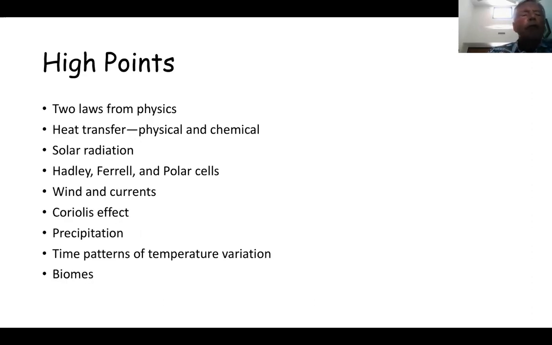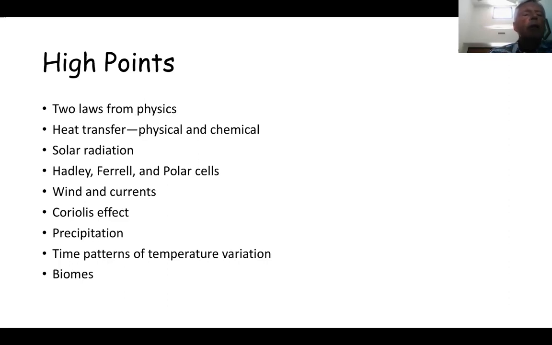So the high points of what we talked about today, I'm almost done. We talked about the two important laws of physics, the universal gas law and the relationship between temperature and the moisture holding capacity of the atmosphere. We talked about heat transfer and heat movement, the ways in which heat moves around between materials and across the surface of the Earth and through the universe or through our solar system.